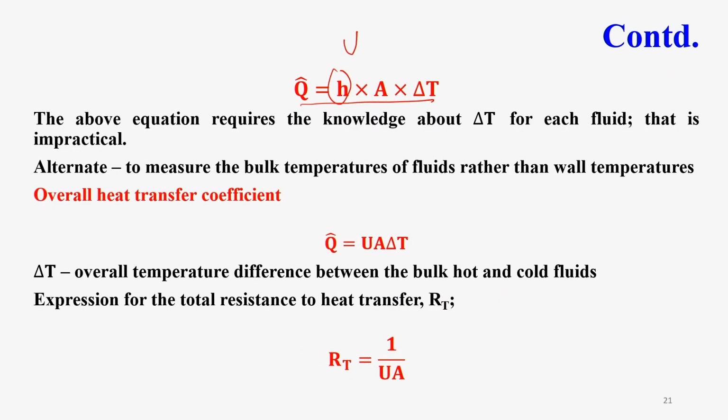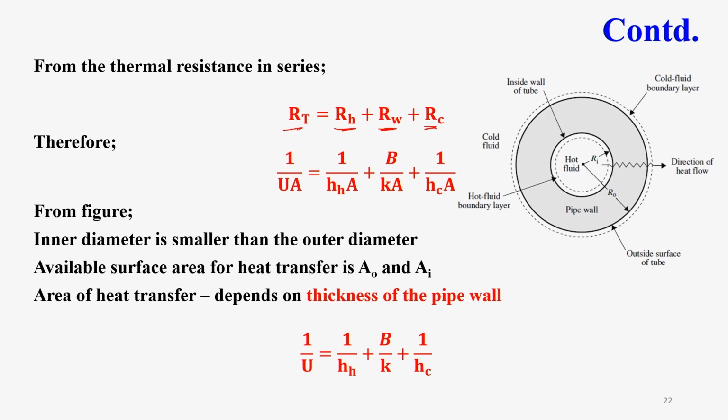So if I write Q as U A delta T, you can write it as delta T upon 1 upon UA. So the total resistance is 1 upon UA. RT is RH plus RW plus RC.